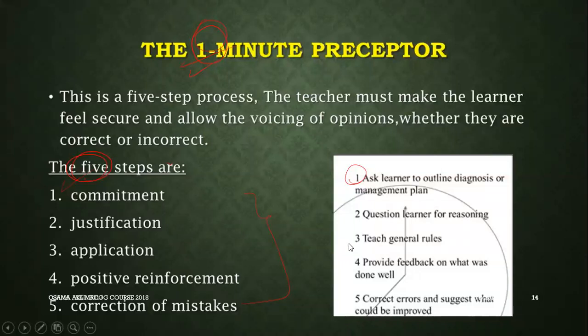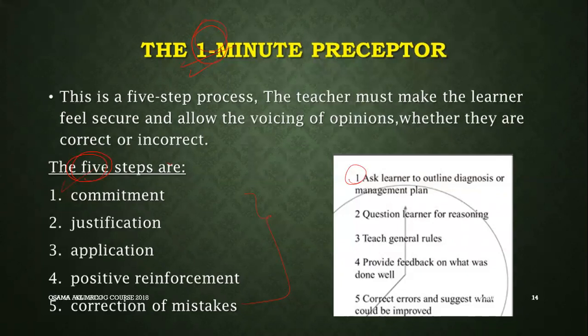After finishing, the teacher will tell me that the general rules for this topic are to do so and so. You did what's right and you did what's wrong, so he will give me feedback and he will correct my mistakes. So it starts by asking a question about the management and diagnosis plan of a certain disease. Then the student answers the question, justifying each step.